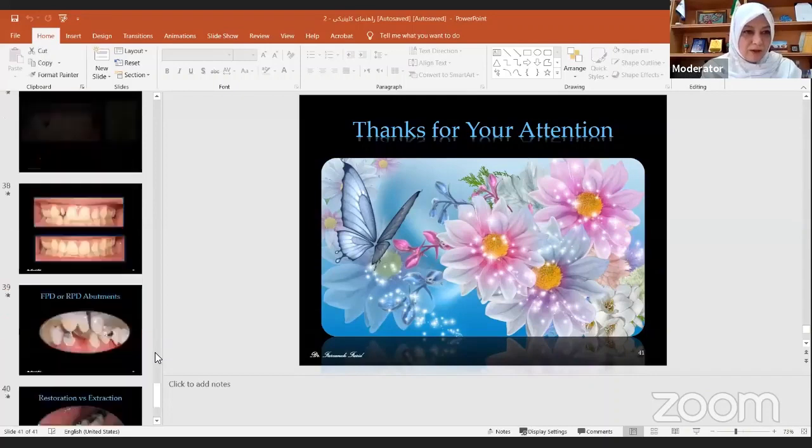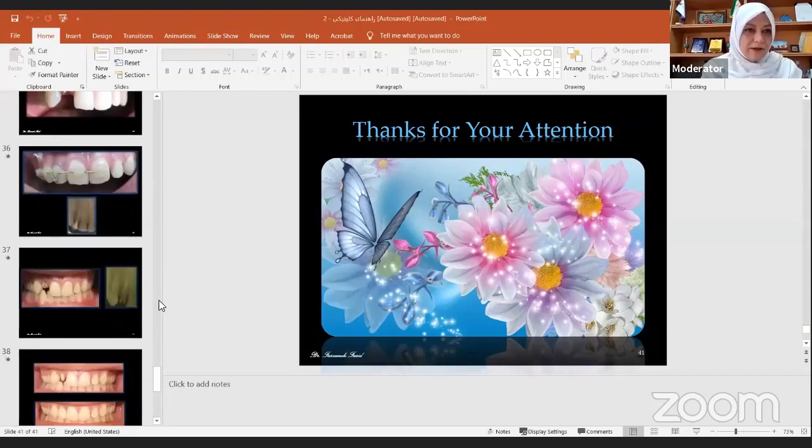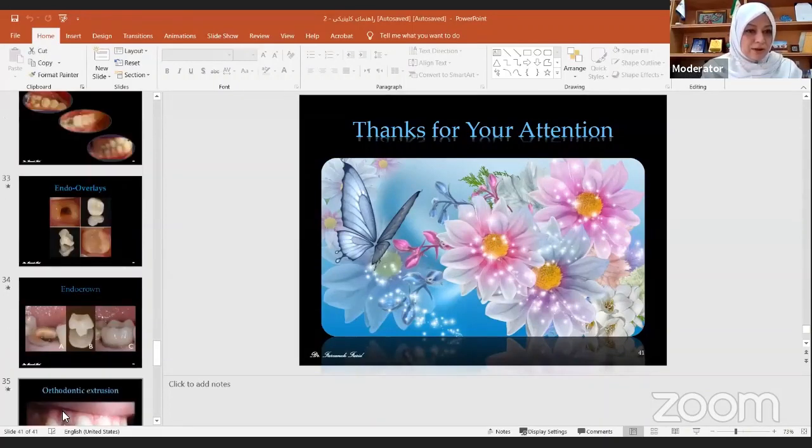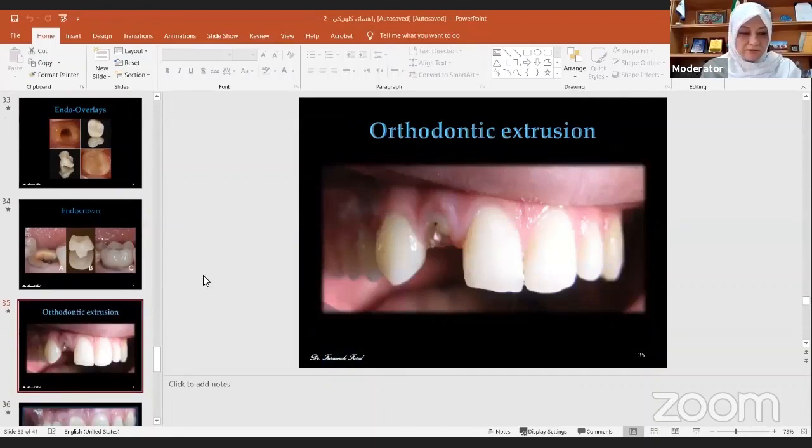In slide number 35: if we will not use periodontal surgery on the gingiva, how can we complete this procedure? Orthodontic extrusion. As I talked about, we use orthodontic extrusion with wires and so on.